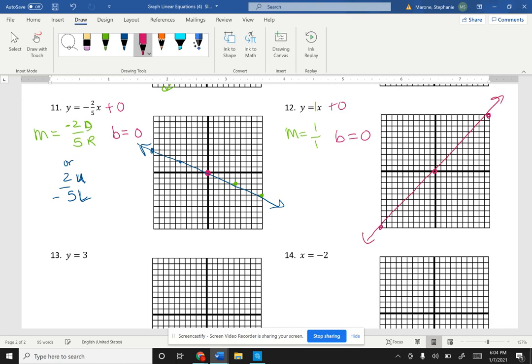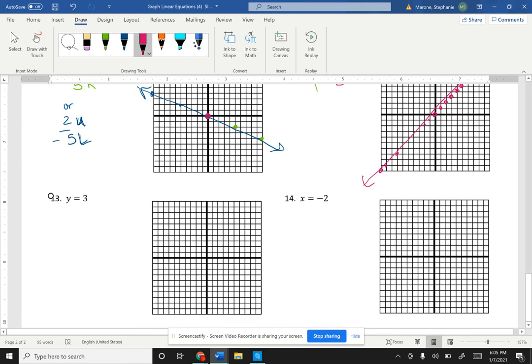And try to make it 1 over 1. And you don't have to graph all of those, like I said before. But it'll create that line.